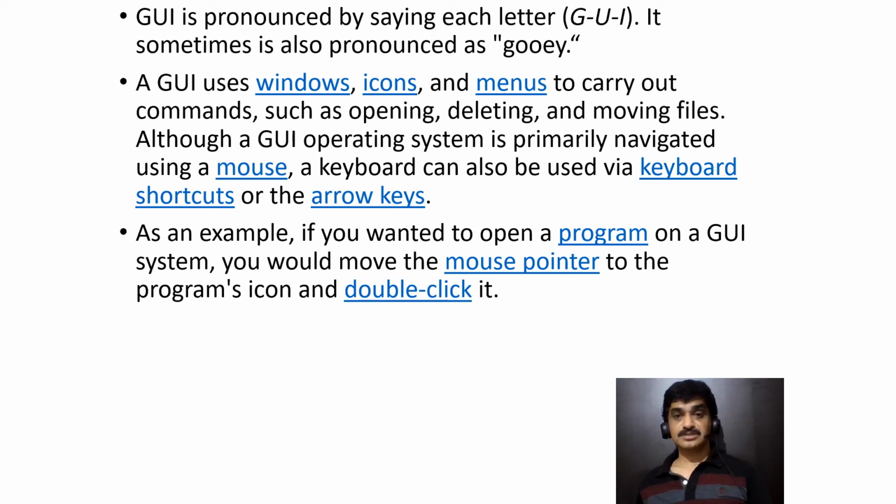Mouse, keyboard, keyboard shortcuts, and arrow keys are used to point to particular icons on the screen. If you want to open a program on a GUI system, you move the mouse pointer to the program's icon and double click on it, right?